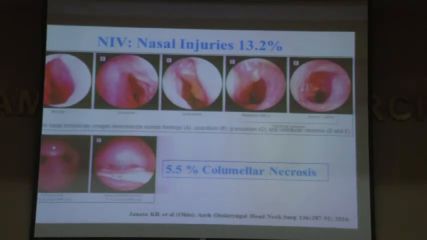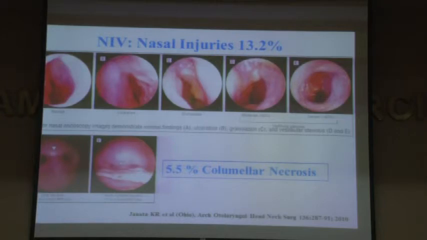Now the problem is this. Whenever you have a baby on nasal CPAP, these are studies using nasal CPAP. So in this NICU from Ohio, every day an ENT specialist came and looked at the babies and graded these babies' nasal trauma, that this is normal. A little bit of ulceration, there's granulation tissue, 35% blockage, 50% blockage, or another, necrosis.